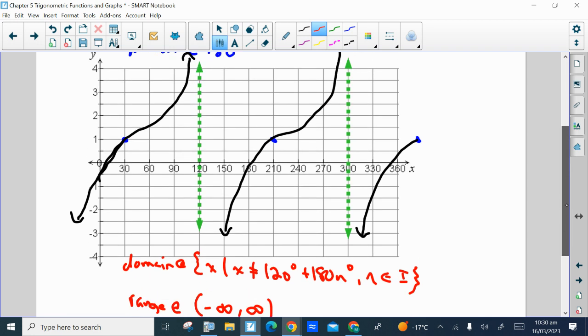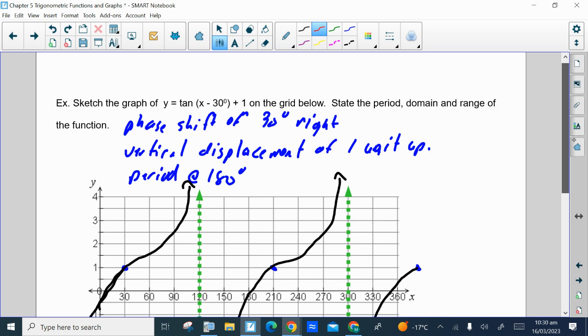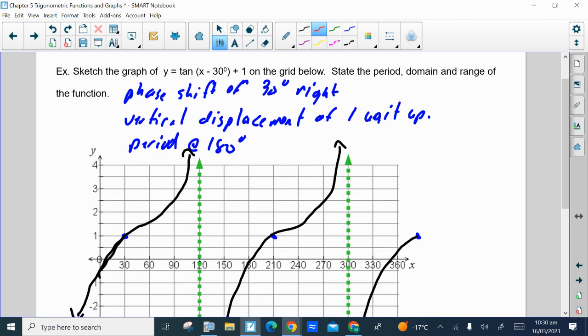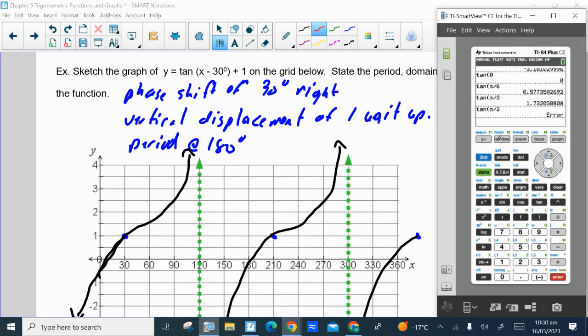Now our x-intercepts changed. And probably the best way to find your x-intercepts is by using the graphing calculator. In this case, we're going to graph in terms of degrees, so our mode must be in degrees. We're going to do y equals the tangent of (x minus 30) plus 1.